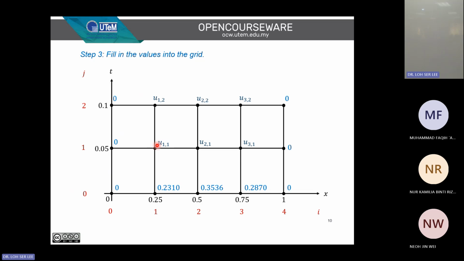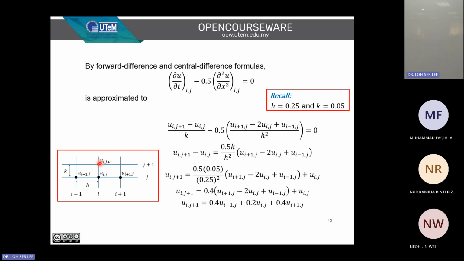That means if you want to find U_1,1, we just need these 3 values. If you want to find U_2,1, we need these 3 values, and for U_3,1, we need 3 values. That's why we choose this U_i,j+1 to lead your formula.